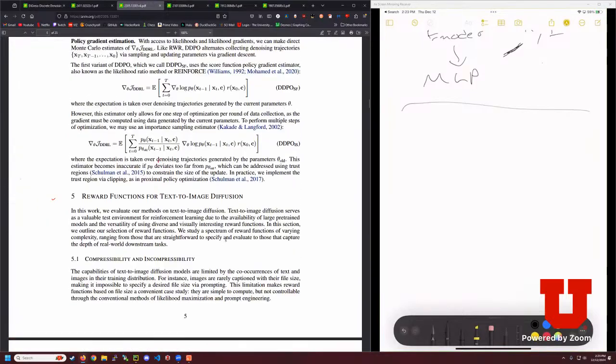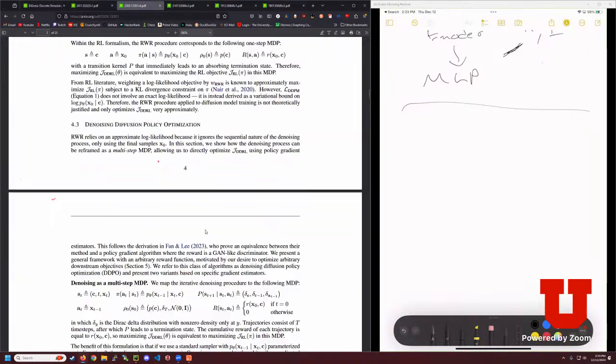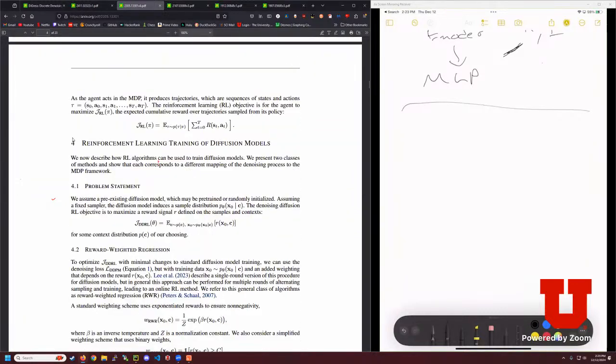So there's a few things that they talk about in terms of altering the reward function for image tasks specifically. But the interesting part is how they talk about reinforcement learning training for diffusion models.